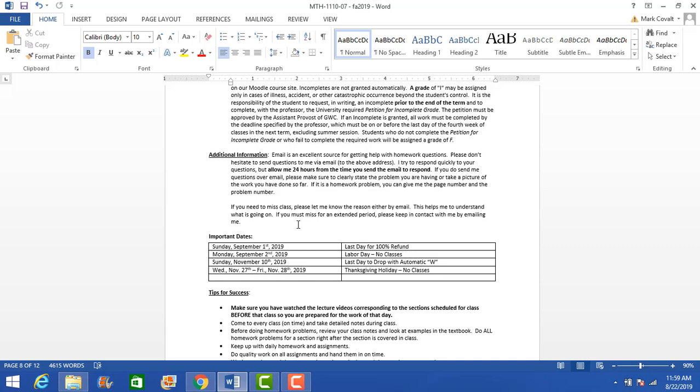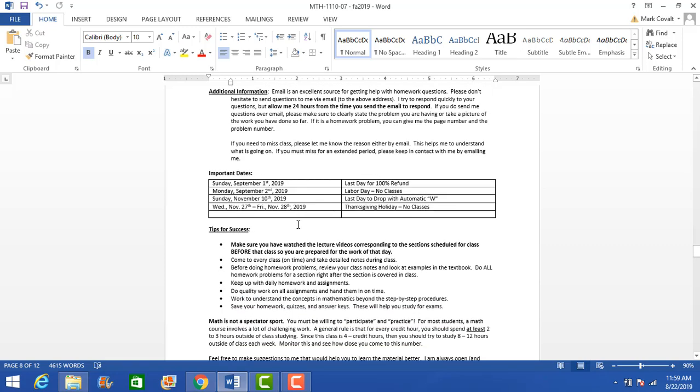Since this is a flipped classroom, you're going to be able to do a lot of this in class as well. And going back to email, if you're not the kind of person that likes to ask questions in class, you can always email me and say, I got stuck on this part of the problem, or I got stuck on this suggested homework, or I didn't understand this in the lecture video, or I didn't understand this example.